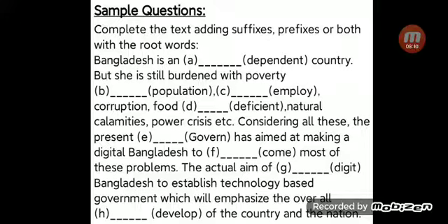Dear student, here is a sample question for you by which you can know better about suffixes and prefixes, and you can solve the problem by my lecture which I have given you in my previous class and today's class.